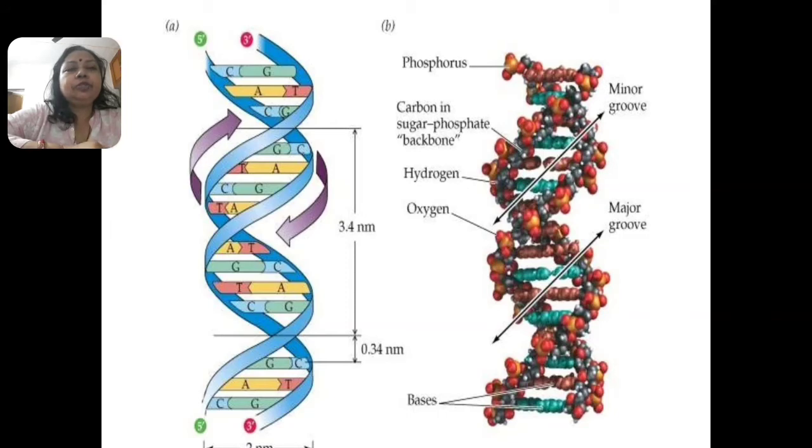This is another picture. You can see 34 nanometer between the twistings, 0.34 nanometer, the structure of phosphate bonds, hydrogen bonds, and the major groove in between the twistings.